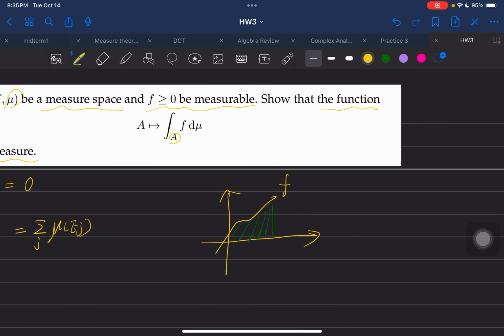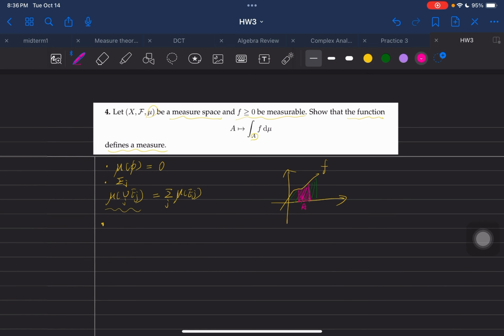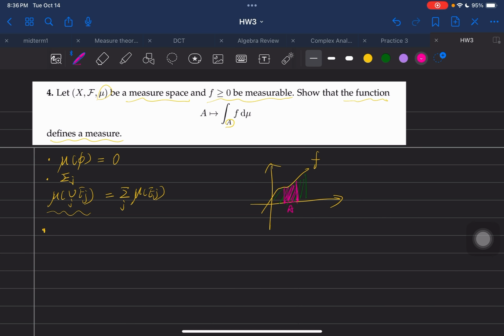Then if we only integrate the function over some specific set, say this is our A, then eventually what we care about is that area. We don't care about the area outside of the set. So it makes sense for us to use the indicator functions to simplify the proof.